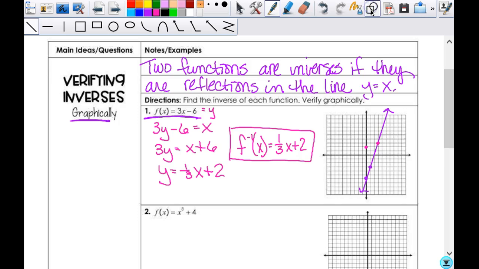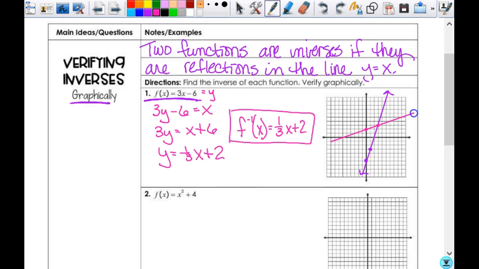And then I use the straight edge to draw that line in, like so. The third thing that you have to have drawn on here is your line, y equals x. I would suggest doing it as a dotted line, so it's not just like another line in there. You do a dotted line, y equals x.